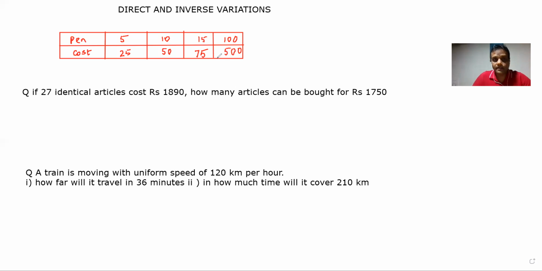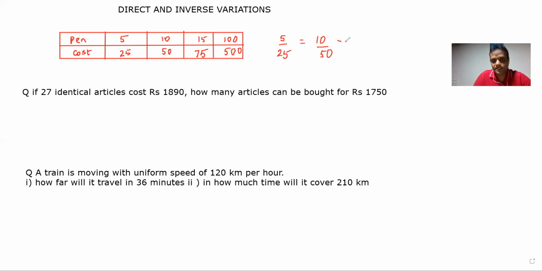Now, what is a direct relationship? The direct relationship means that the ratio between the pens and the cost has to remain same. If the ratio is not same, it is not a direct variation. For example, in this, 5 upon 25 is same as 10 upon 50.